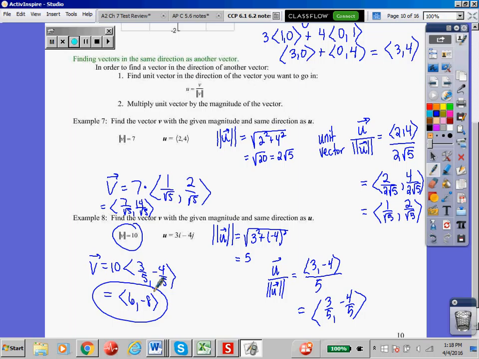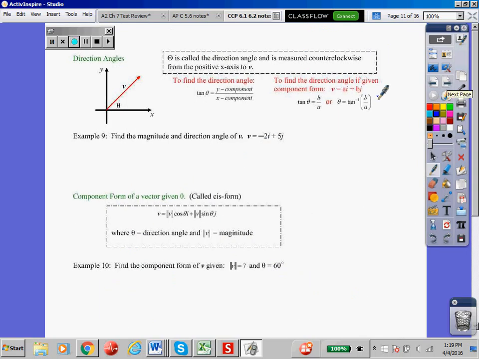The tangent of theta is y over x. Or, if you think about it, for v, the a is in the x position and the b is in the y position. So, you're going to use this piece of information that tangent theta is b over a, but you have to put it in the proper quadrant.